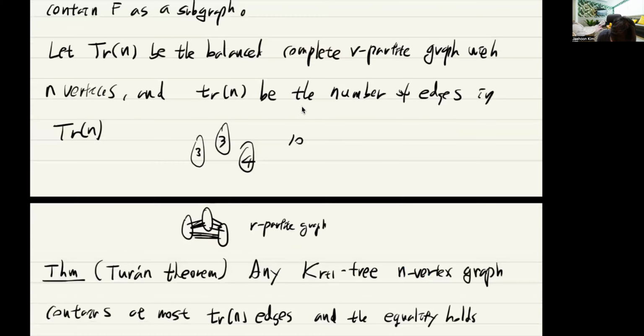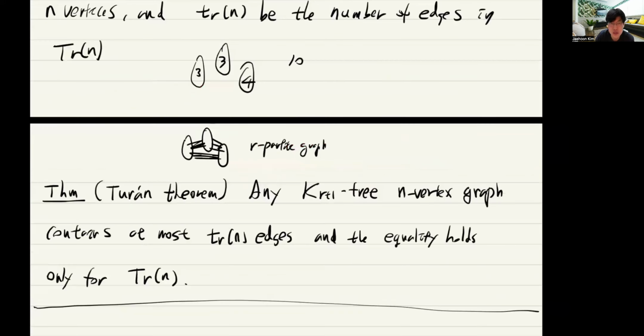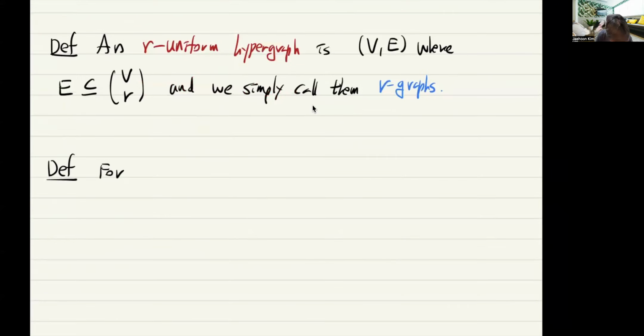And extending this definition of the extremal number, we can define the extremal number of an r-graph. If you have an r-graph F, we again define the extremal number ex(n, F) as follows.